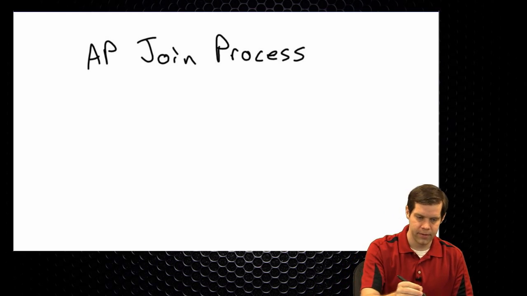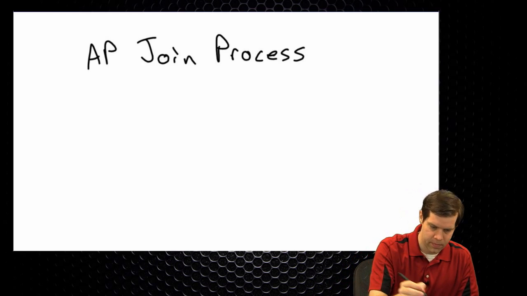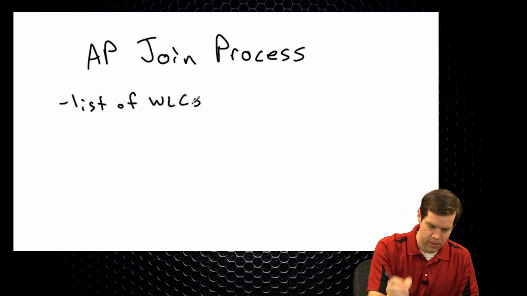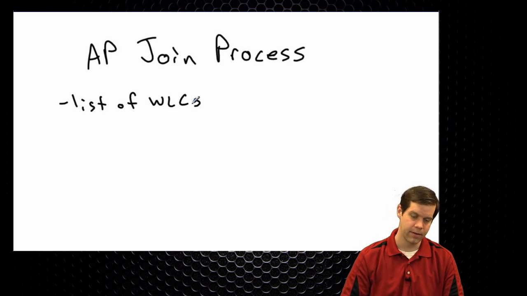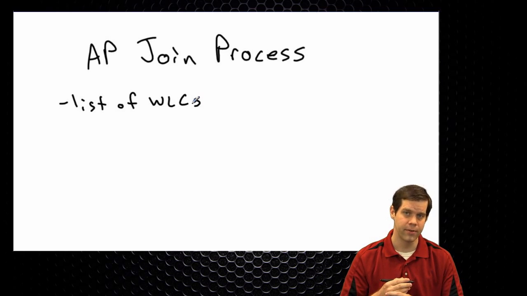So we have this list of controllers already built out. Now what we discover is the management IP address. So all of our AP in this process here is going to be reaching out and trying to discover controllers by their management IP addresses.